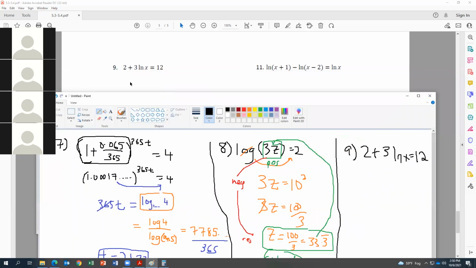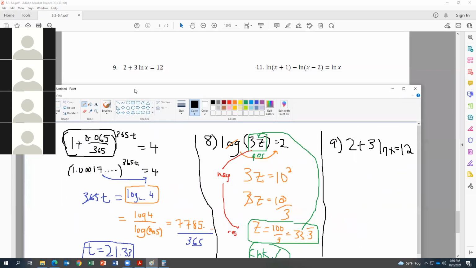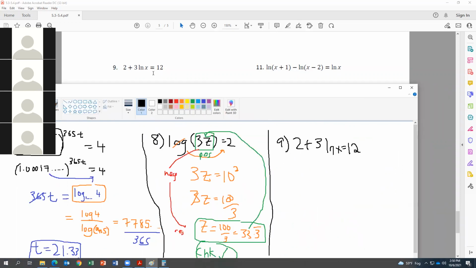How about number 9? 2 plus 3 ln x equals 12. Anyone know how to solve for this case? This is very similar to number 5, where you want to make this ln x by itself.